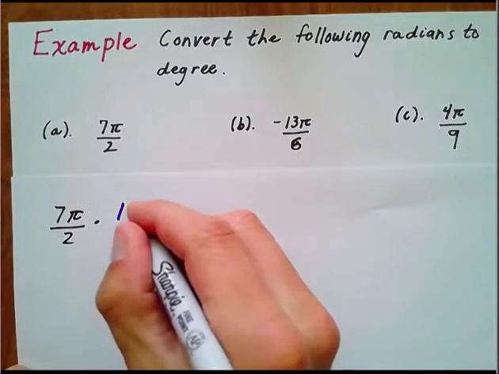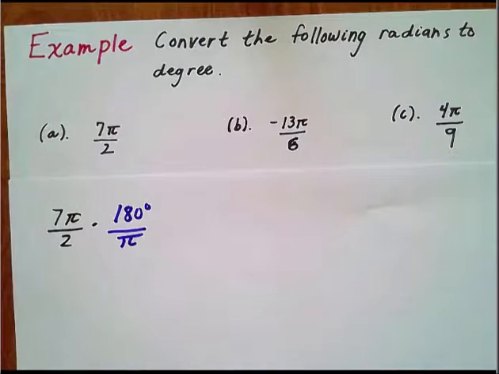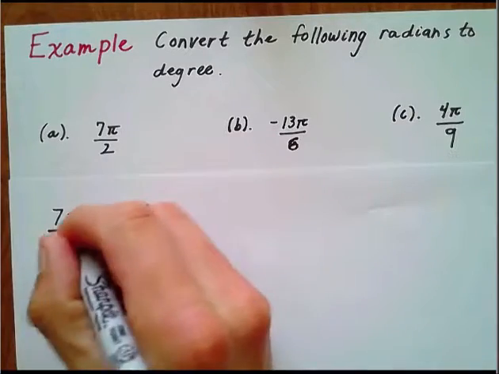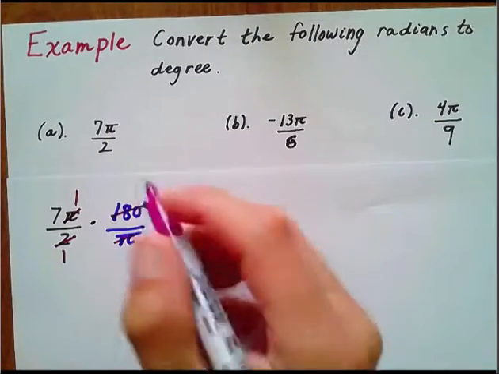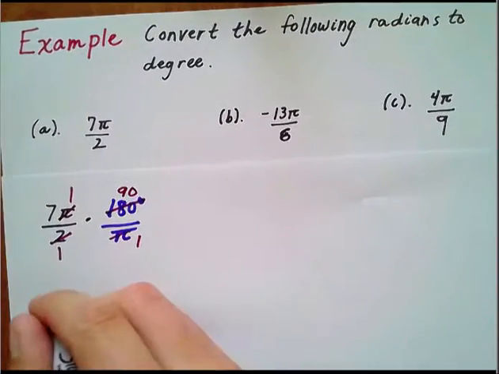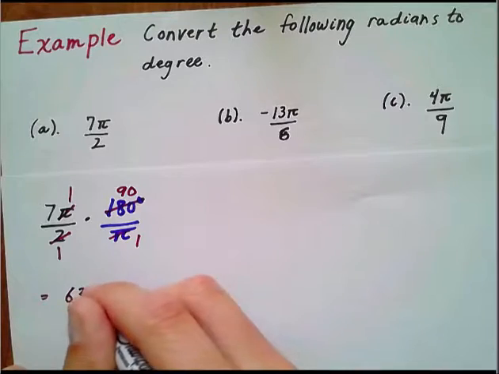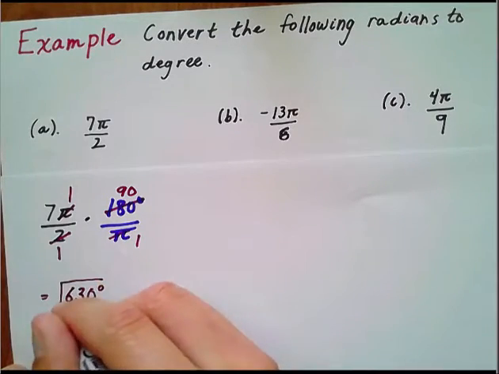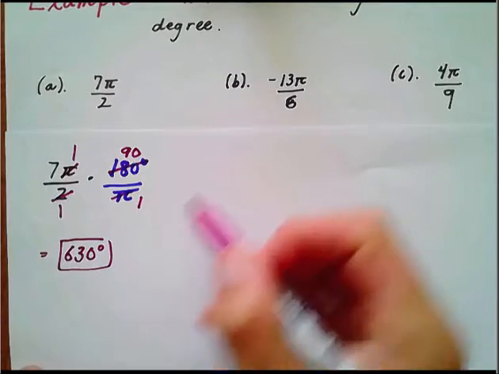I have 180 degrees over pi radians. Now, the pi's will become 1. 2 goes into itself once, 2 goes into 180 degrees 90 times. So now we're left with 7 times 90, which is 630 degrees. So 7 pi over 2 radians is 630 degrees.